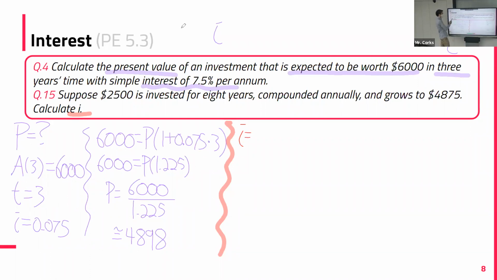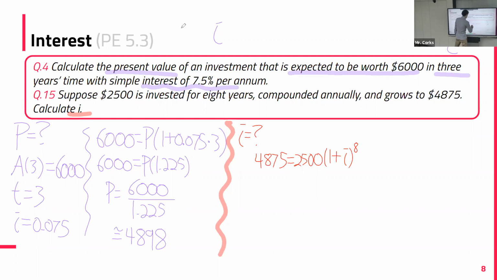So principal is 2,500 and the final value is going to be 4,875 and time is 8 years. So we want interest. So just put all the parts in the formula. 4,875 is equal to 2,500 times 1 plus I to the exponent 8.